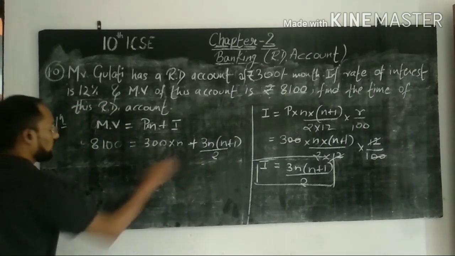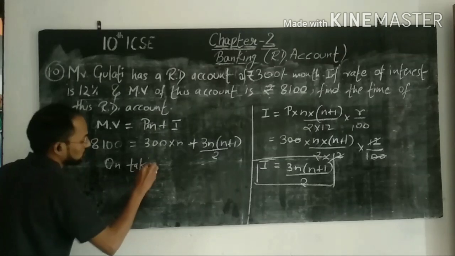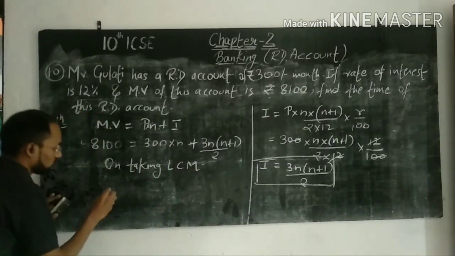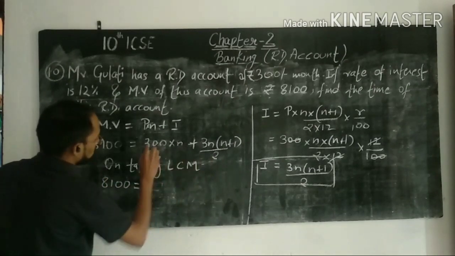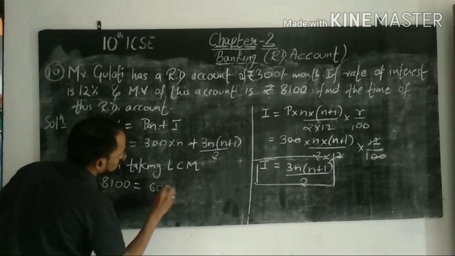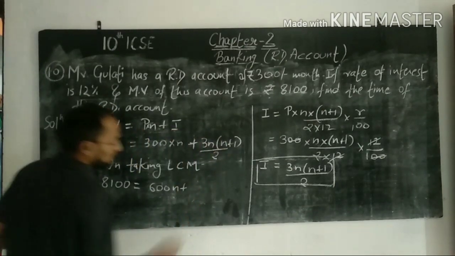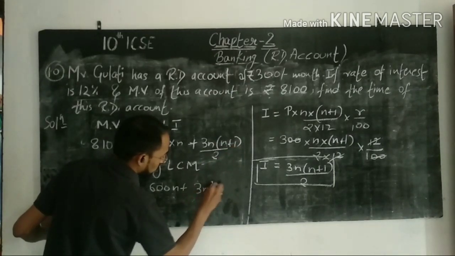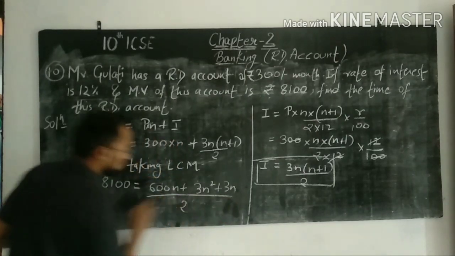Now we will take the LCM. We have 8100 equals 600n plus 3n multiplied by this bracket, which is n plus 1. So 3n square plus 3n, the whole divided by 2.